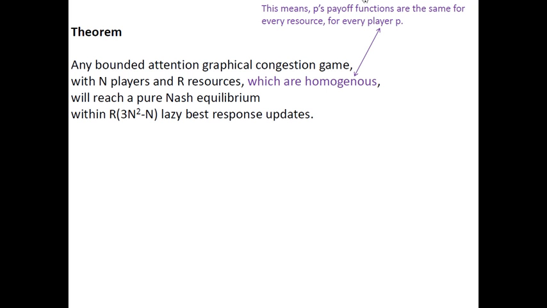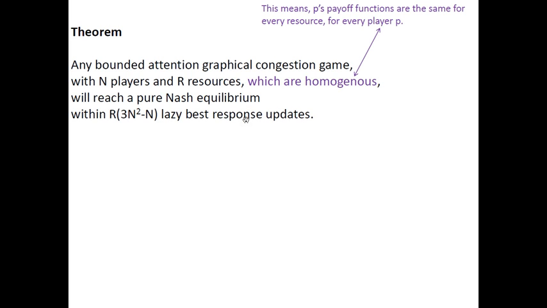But in the special case where the resources are homogeneous, these systems do have the same kind of nice convergence property that we saw before: the system will converge in polynomial time to a pure Nash equilibrium under lazy best response updates.